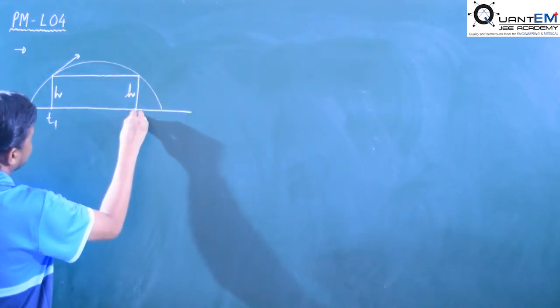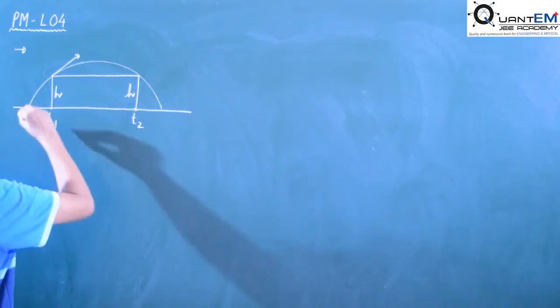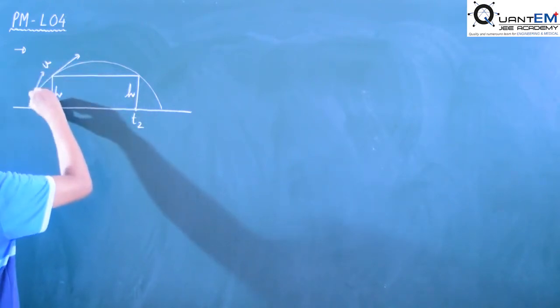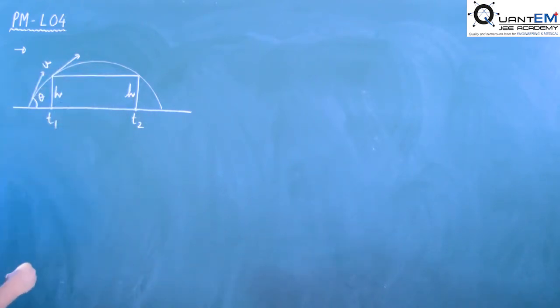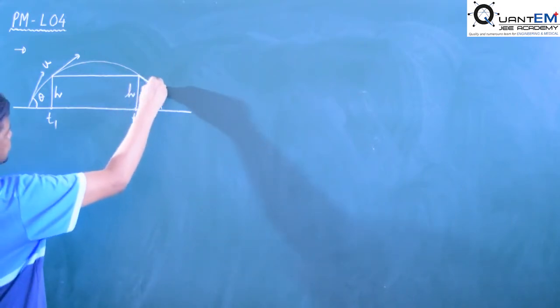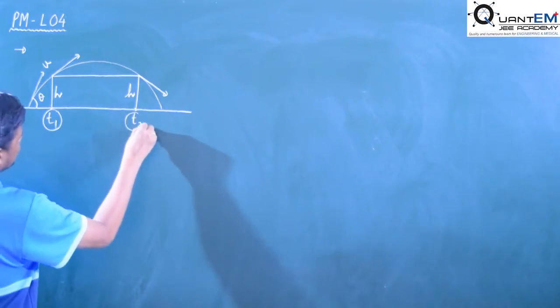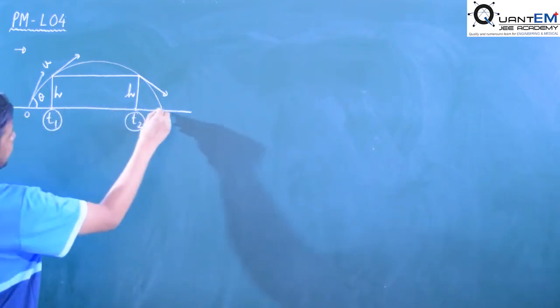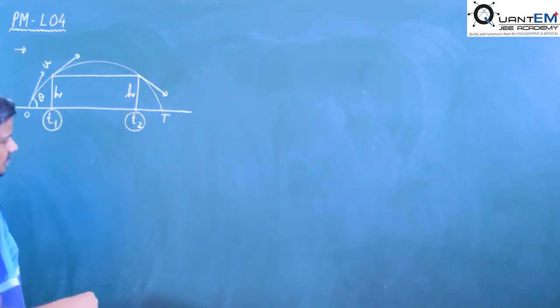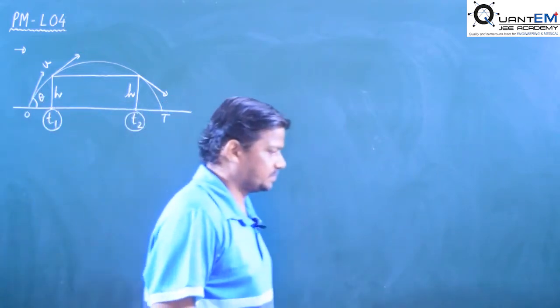H. And what time? It is suppose t2. Projection velocity was u, this angle is theta. Okay, we have to find the relation between these two times, 0 and capital T is the time of projection.